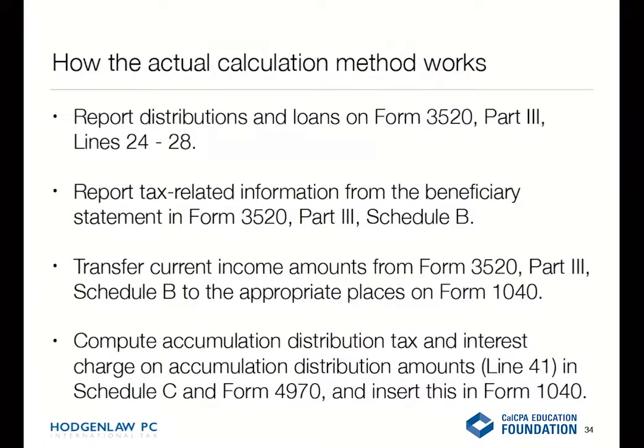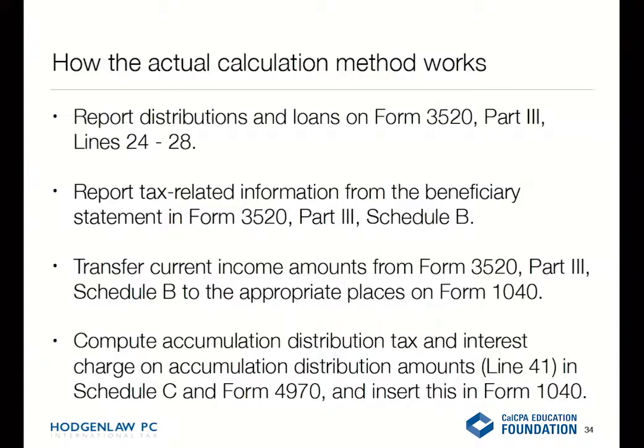So let's say we're in the actual calculation method. How does it work? You report the distributions and loans on Form 3520, Part 3, lines 24 to 28. You report tax-related information from the beneficiary statement in Form 3520, Part 3, Schedule B. So this will tell you what income you received and what character it takes for tax purposes.